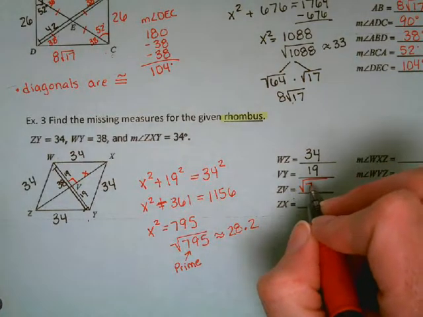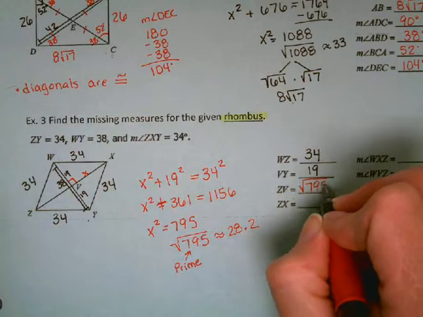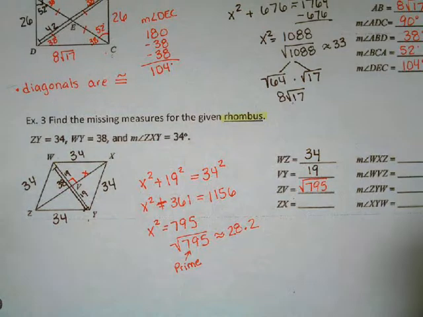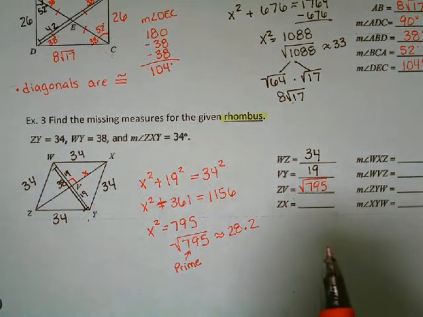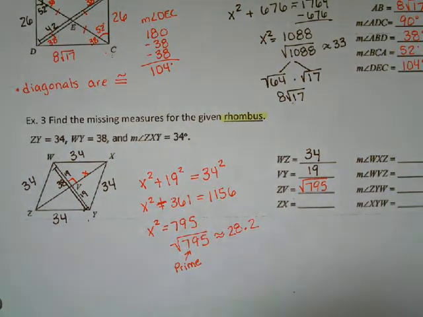Okay? Or 28.2. I'll have to go back and look at the test. For some reason I'm thinking we allowed decimals on this. Give me 1 second to go back. Double check your test here. Because if we can just write decimals, I'm happy to write decimals on some of these. Make these numbers a little easier. Sometimes we have to simplify things. Sometimes we say, oh, it's okay to have decimals.